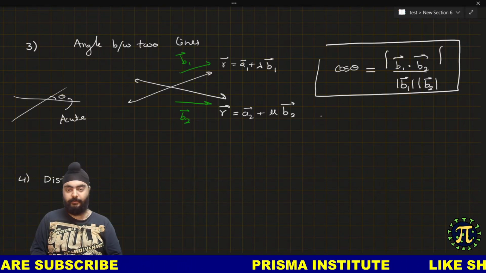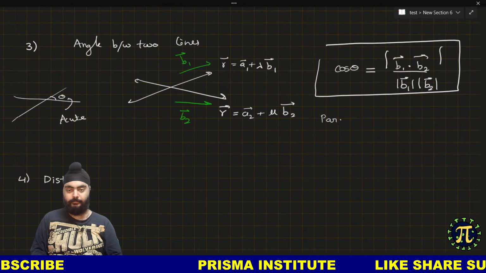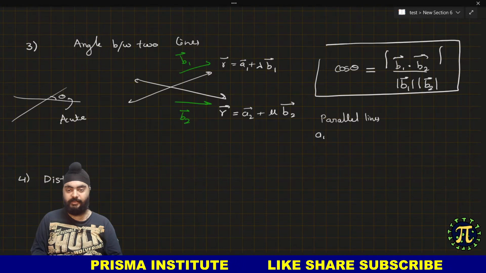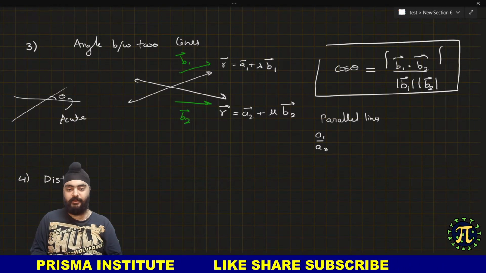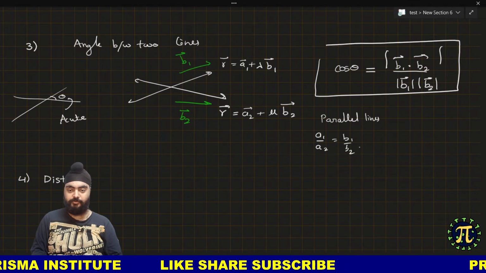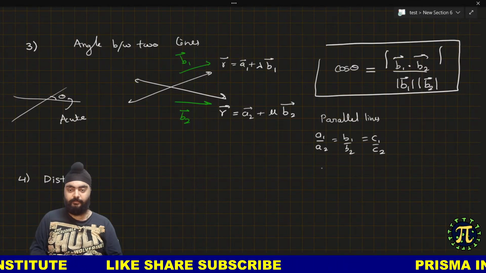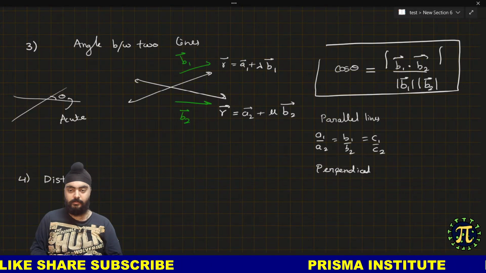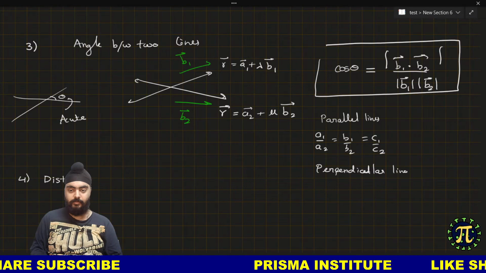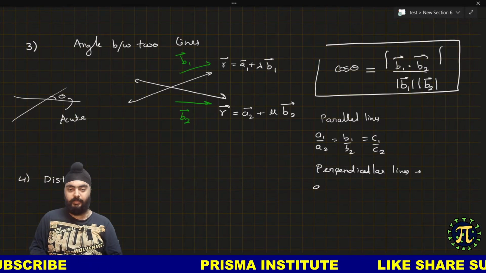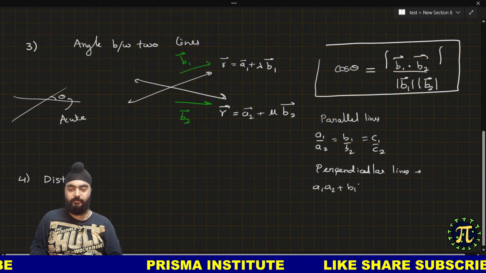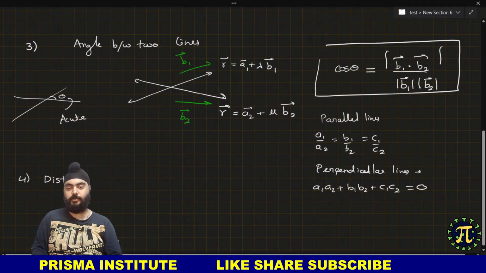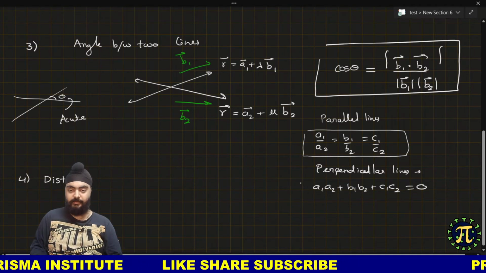In the parallel lines case, we had the condition that their direction ratios, a1 by a2, should be equal to b1 by b2, should be equal to c1 by c2, right? And for perpendicular lines, we did a1 a2 plus b1 b2 plus c1 c2 must be 0. So these were the two conditions for parallel lines and perpendicular lines.